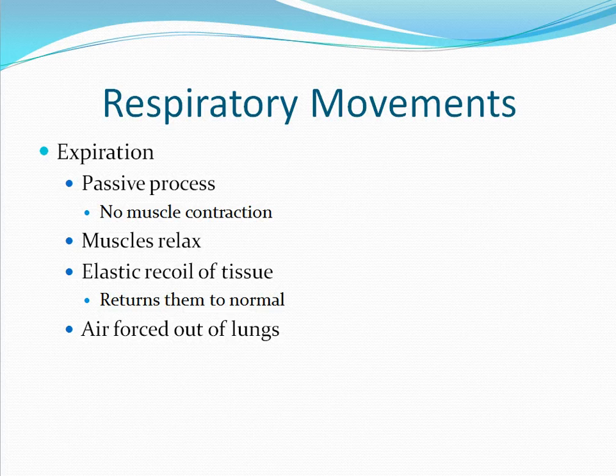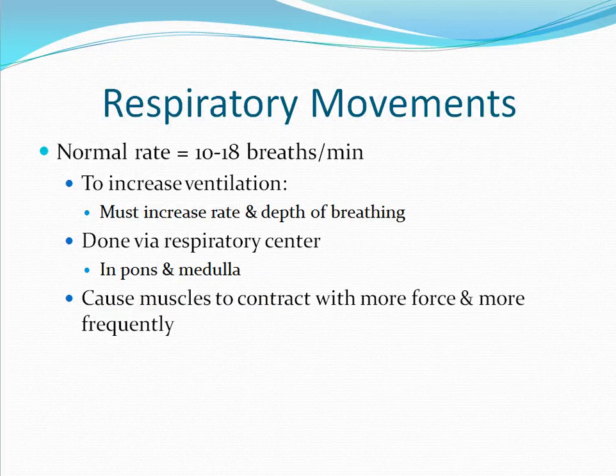Expiration, normal resting expiration, is described as being a passive process because no muscle contractions are required. During expiration, the muscles will relax and the elastic recoil of the lung tissue will return them to their normal shape. As a result of both of these, air will be forced out of the lungs. The normal respiration rate is between 10 and 18 breaths per minute.